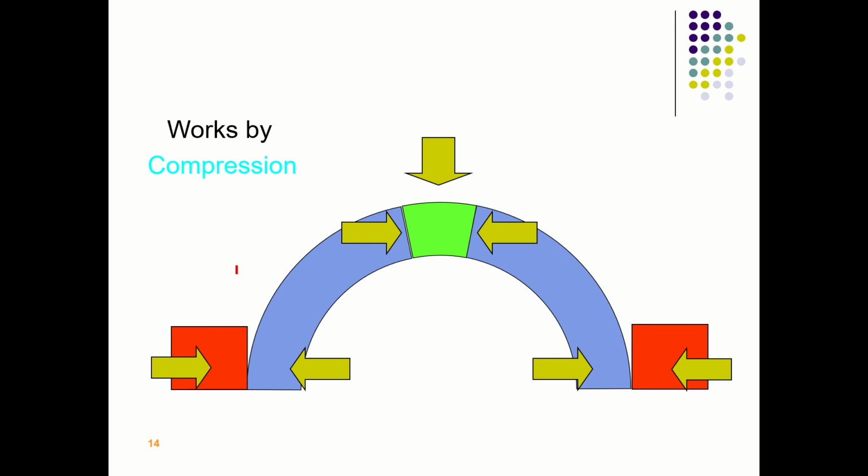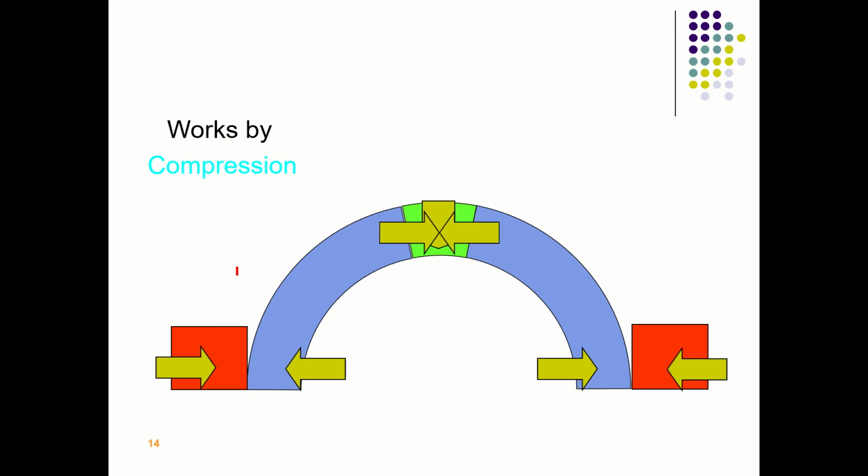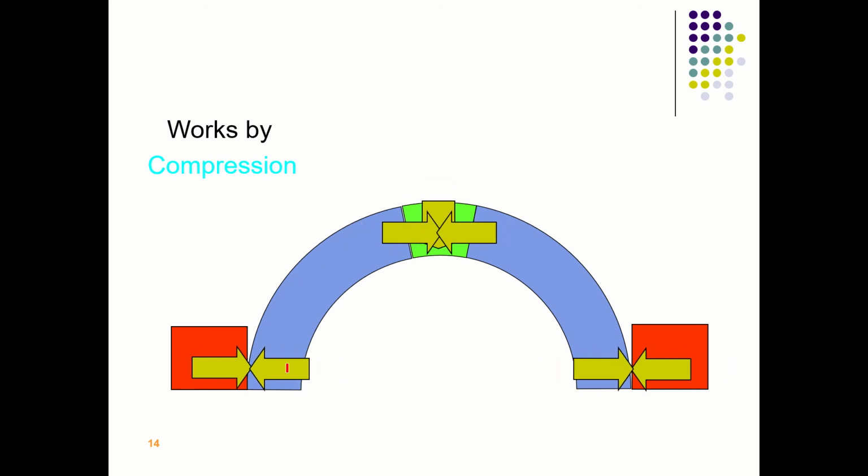Now arch work by compression. See, from the arrows you can see that the keystone locks itself and inserts compression from right wing, and compression from left wing, and compression from the keystone itself is locking them.